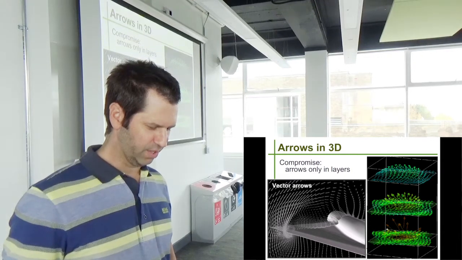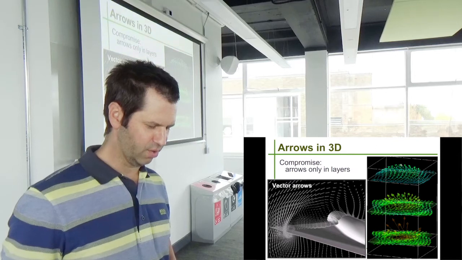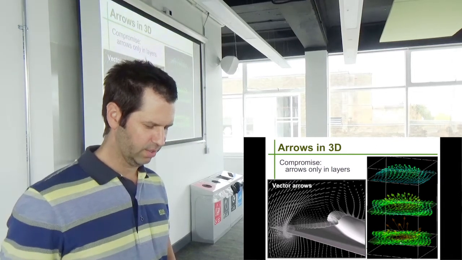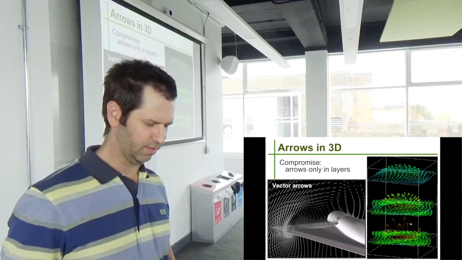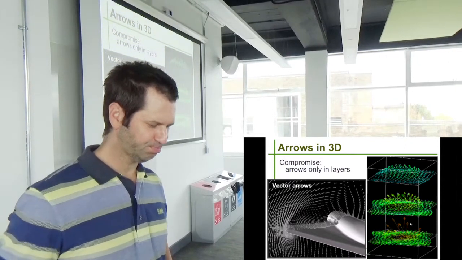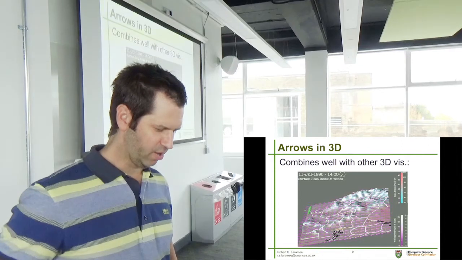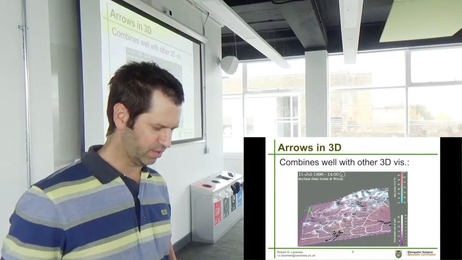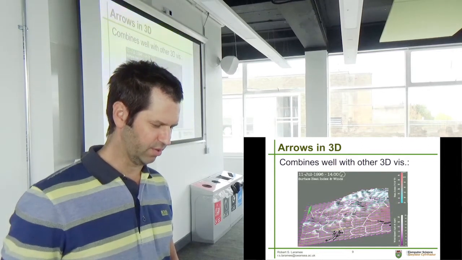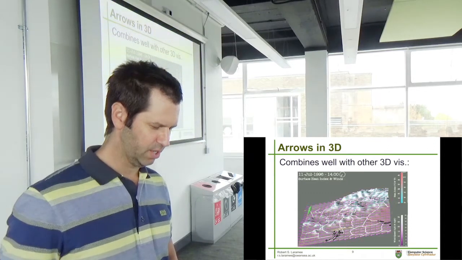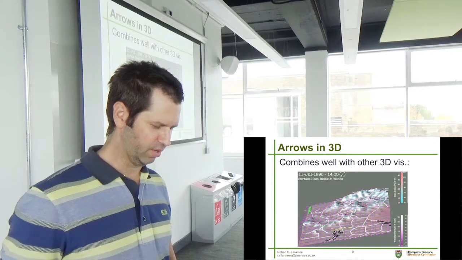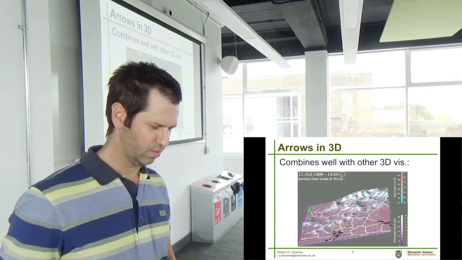Here are some more examples of arrowglyphs in 3D. They're not very good quality though, because these don't have shading. It's nice if they have shading. Here's another example of arrowglyphs combined with a surface, like the surface of a terrain, for example, with the arrowglyphs pointing in the direction of the wind.